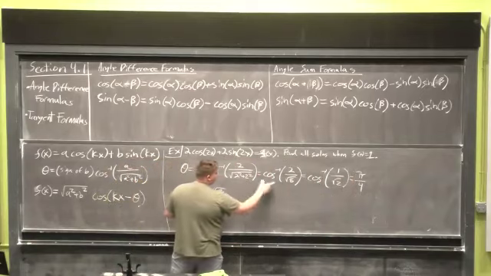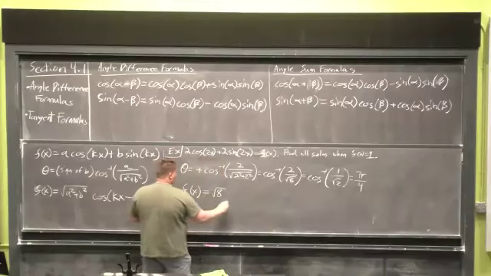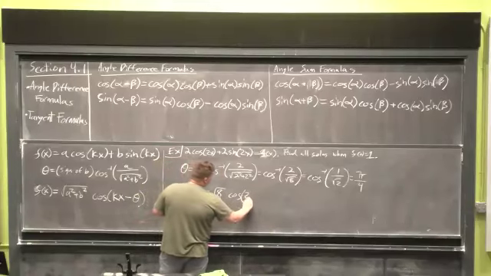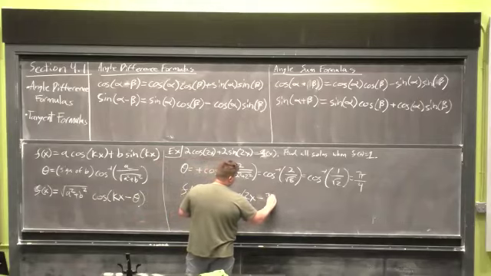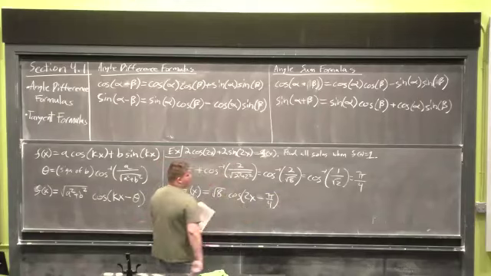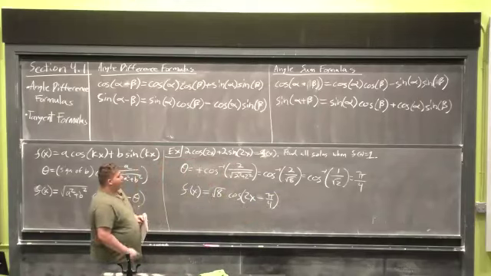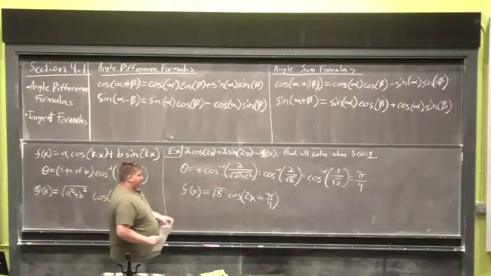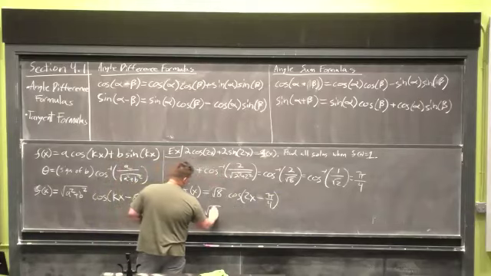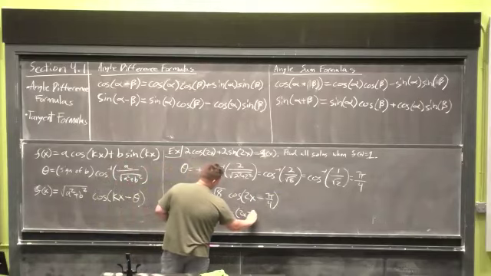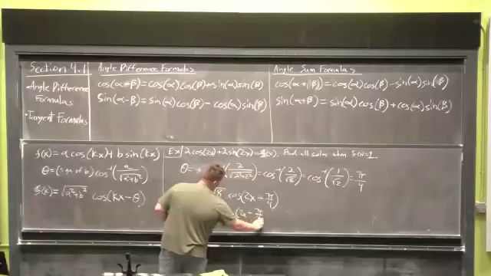So this bottom value times cosine of 2x minus pi over 4. We want to find when this equals 1. So we're going to set 1 equal to square root 8 cosine of 2x minus pi over 4.